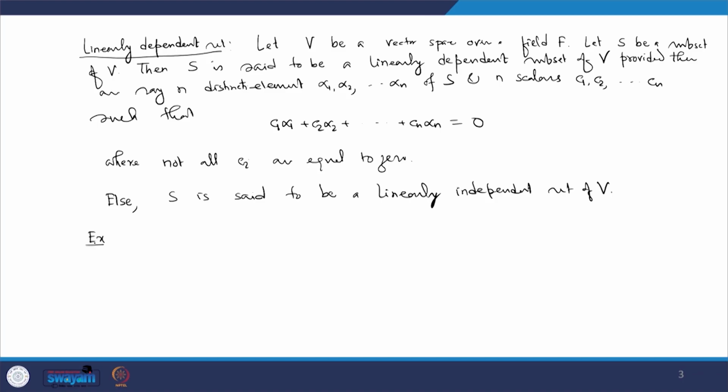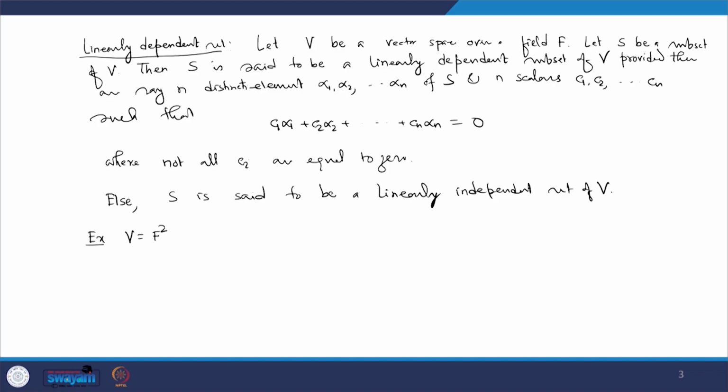Let me consider a very simple vector space, say V equal to F2, the space of all 2-tuples over the field F. We know this is a vector space with respect to the standard vector addition and standard scalar multiplication.